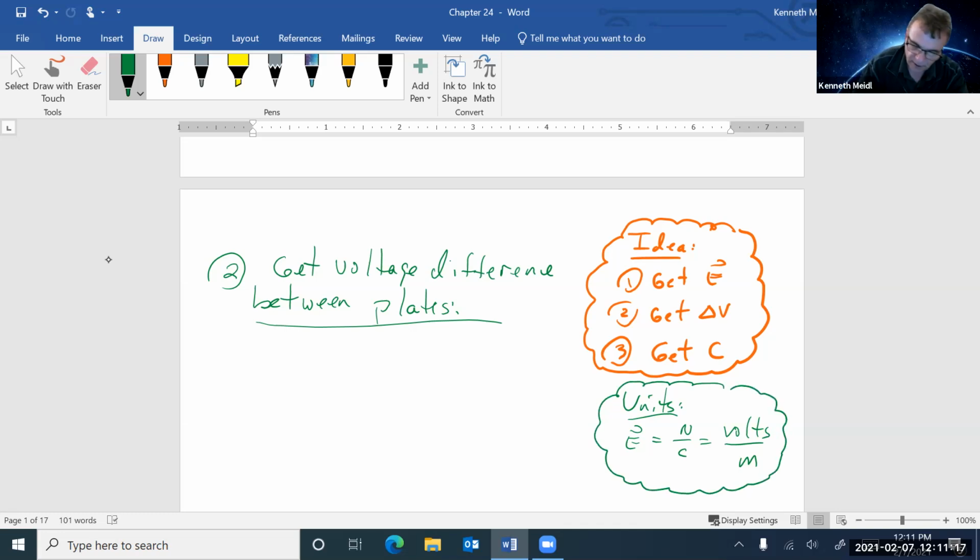The electric field being constant, and that's the only reason I can do this, allows you to make the mathematics short and quick here. We have a constant electric field. So take a look at the units here. The electric field times D, and that's the distance between the plates.